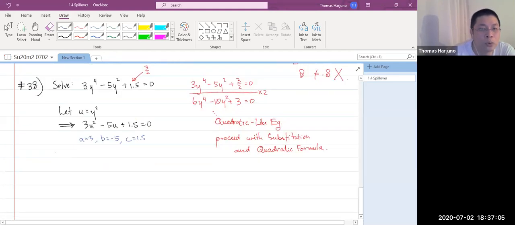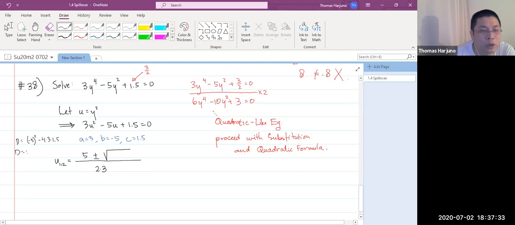So for u, there will be 2 solutions, right? u1 and u2 will be -b plus minus the square root of the discriminant over 2a. The discriminant is b squared minus 4ac.